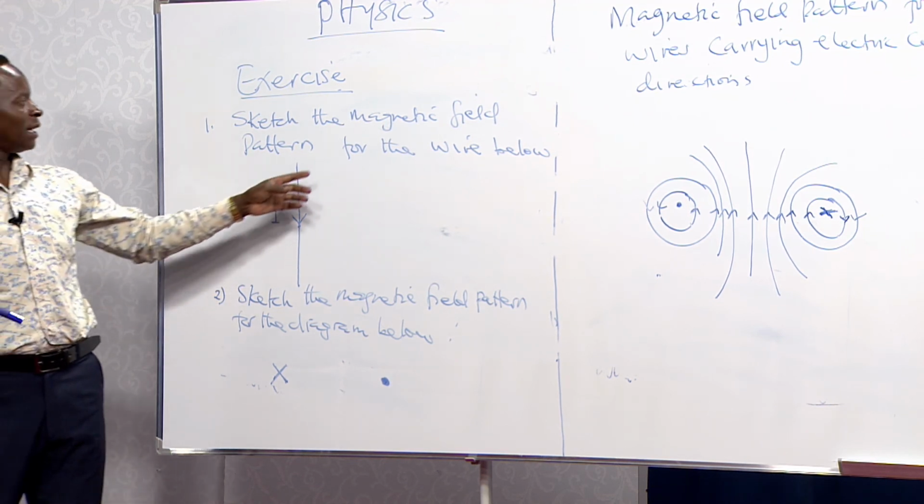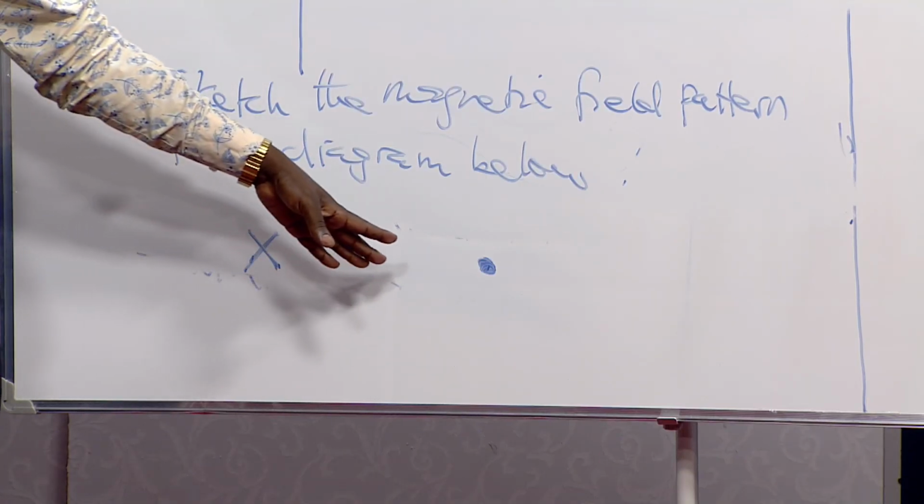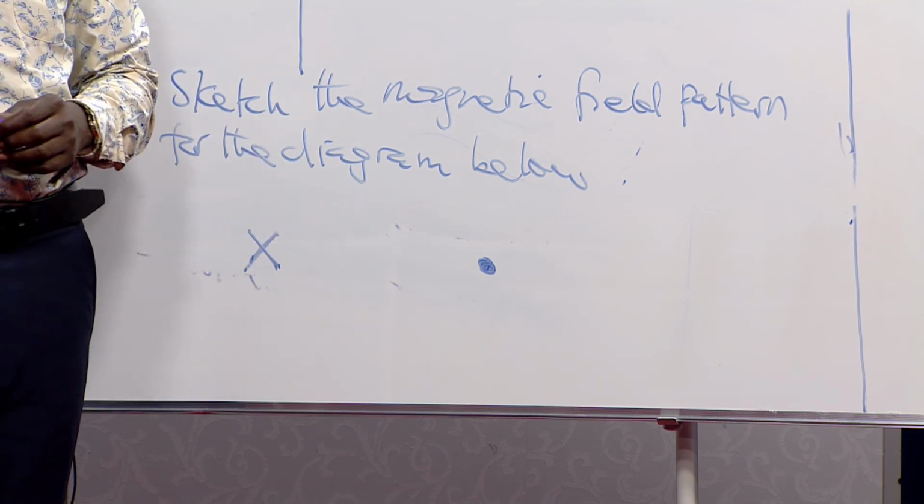Sketch the field pattern around this wire carrying current. Sketch the field pattern in this diagram below. You know the symbols that these ones here represent.